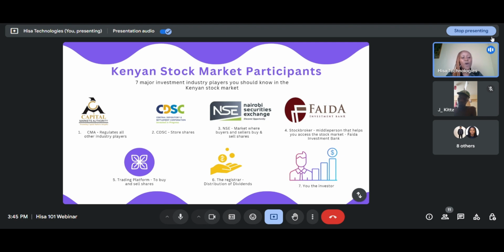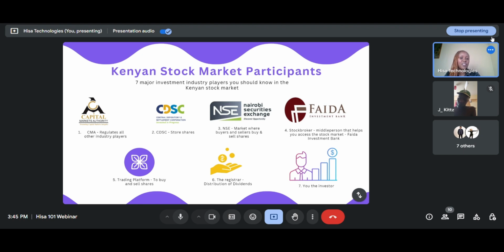So number 1, CMA. Number 2, CDSC, stores your shares. Number 3, the NSE, the market where you buy and sell your shares. Number 4, the stockbroker, that is Faida in our case. And number 5, the trading platform. This is where you go to actually buy and sell the shares.